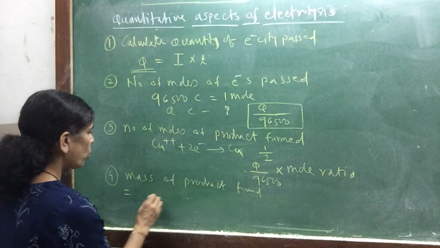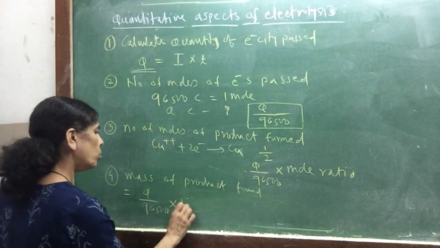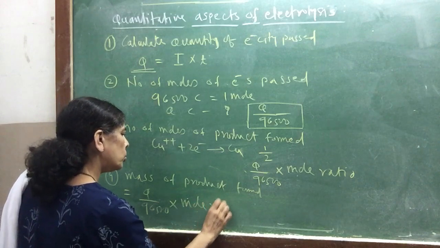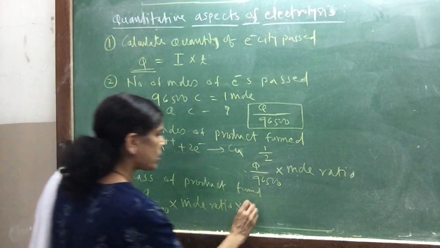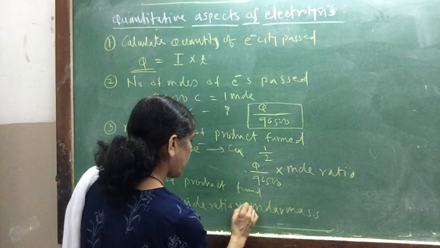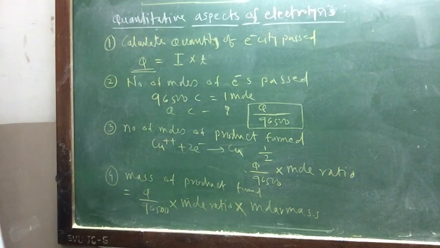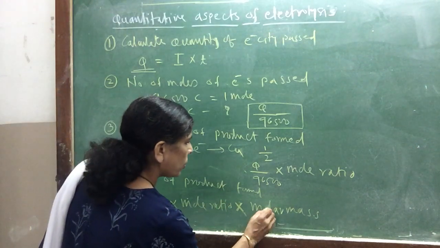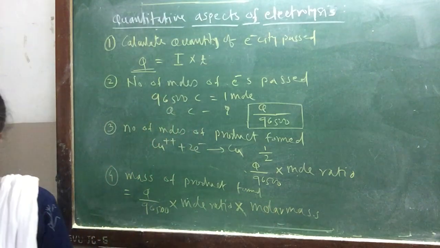So Q upon 96500 into mole ratio into molar mass will give you the mass of the product which is formed at cathode.